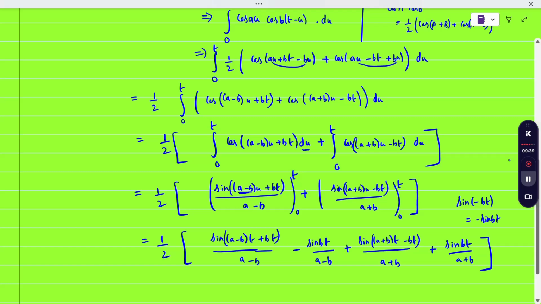We are getting four terms. You check which terms get cancelled. In this, b will get cancelled, and in this also b will get cancelled. So I will separate it and write.